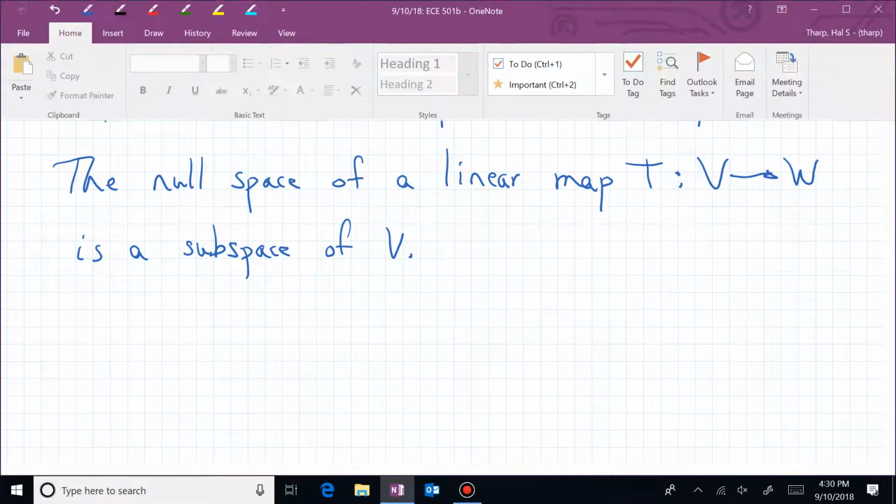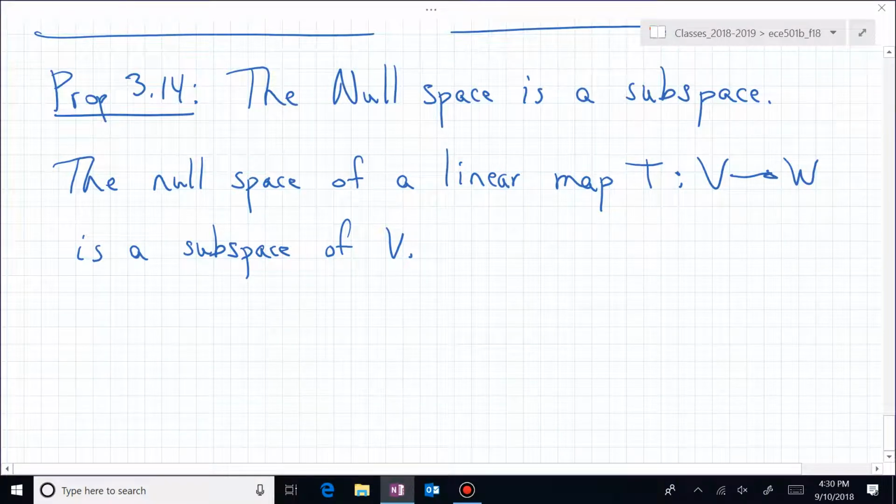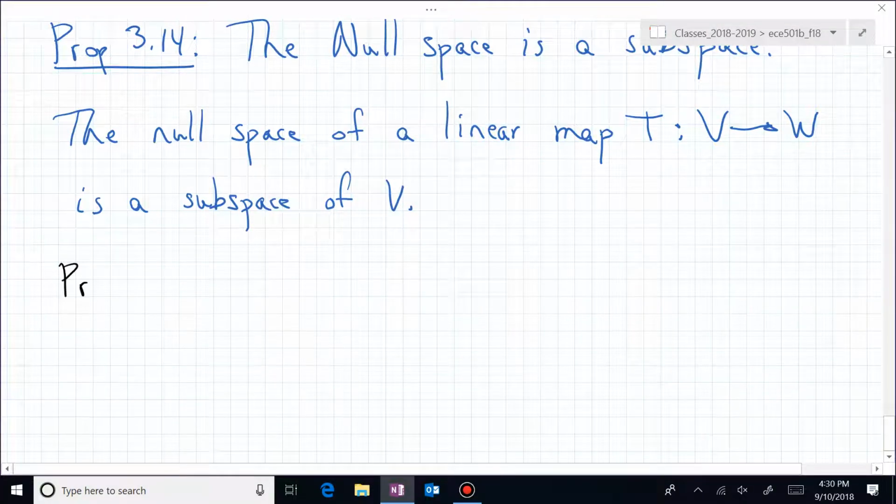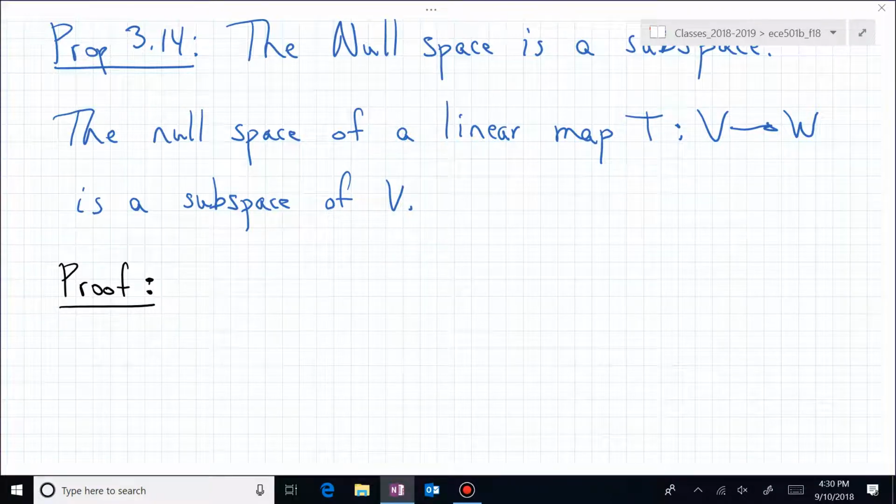And now how would we show or prove that is a true statement? What do we know about subspaces? Or what properties do we have to show? They have a lot of properties, but what was our strategy for dealing with subspaces? We had three properties, didn't we, that we needed to verify. Has the zero vector, it's non-empty, it's closed under addition, and it's closed under scalar multiplication.